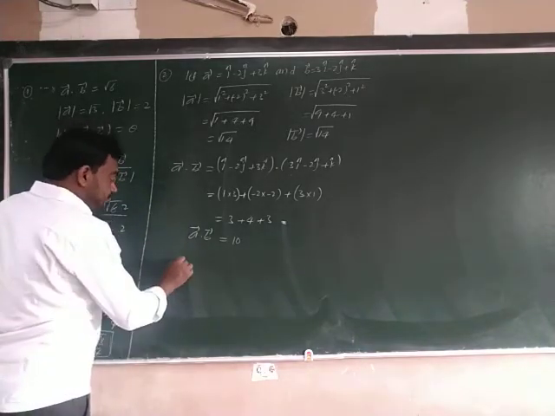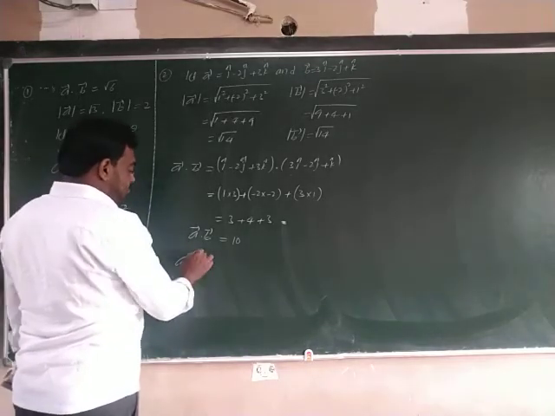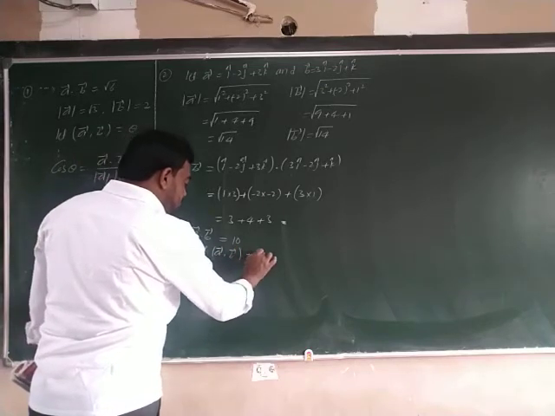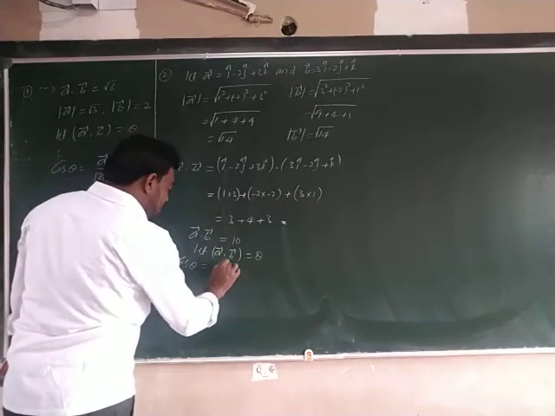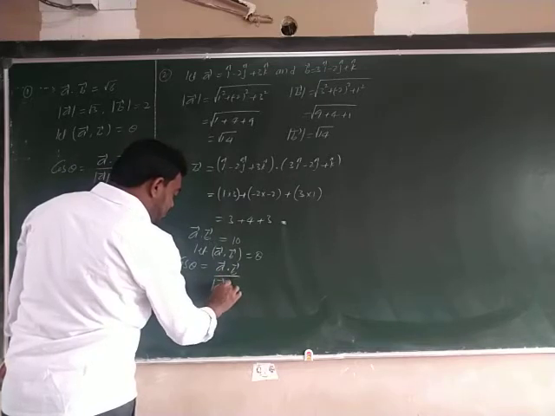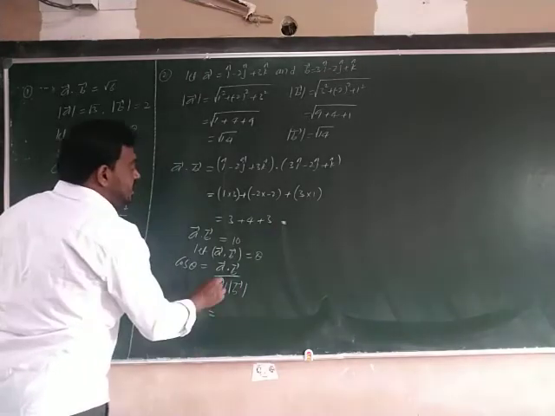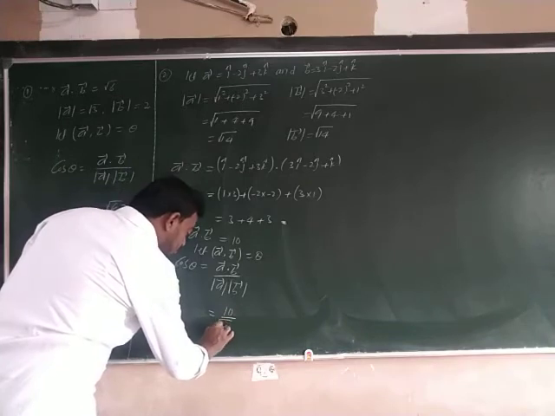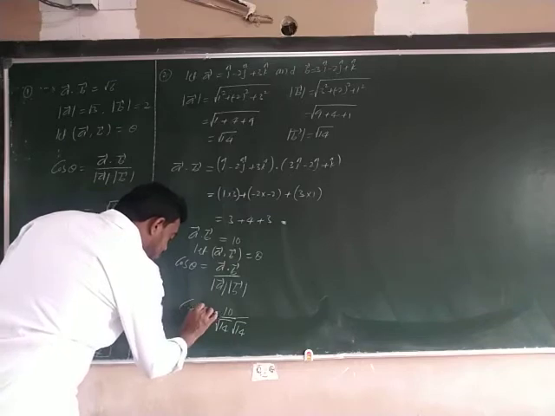Next, the cos theta formula. Let the angle between the vectors A and B be theta. So cos theta is equal to vector A dot vector B by magnitude of vector A into magnitude of vector B. A dot B is 10, the magnitude of A is root 14, and the magnitude of B is root 14.